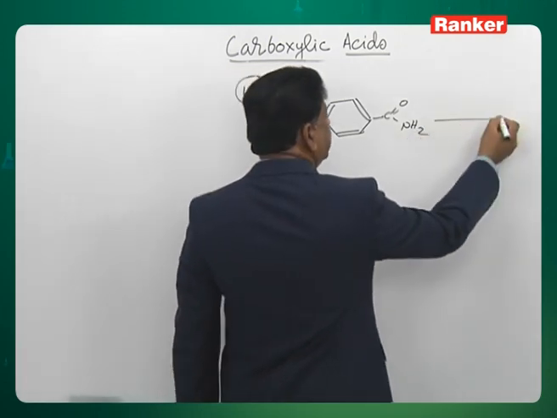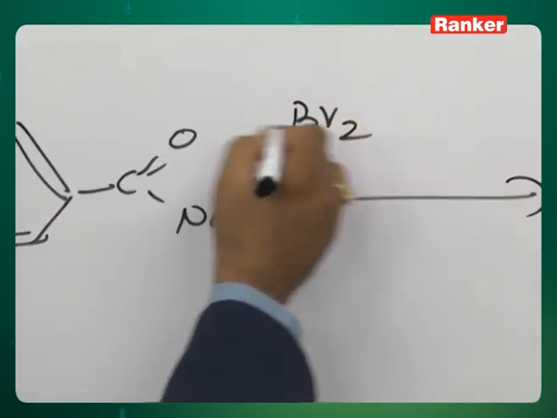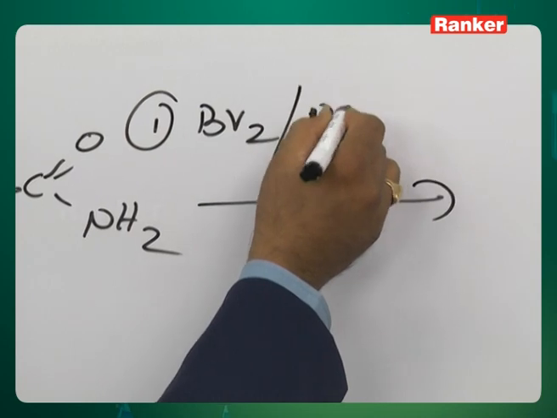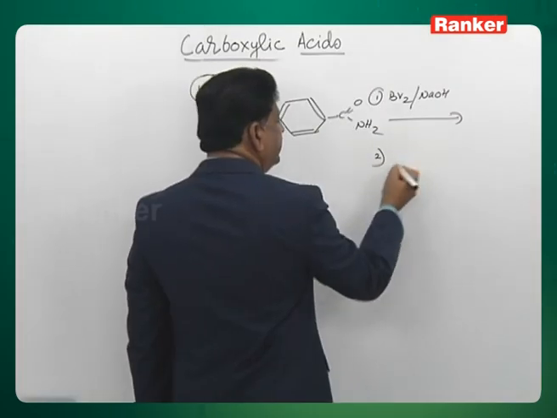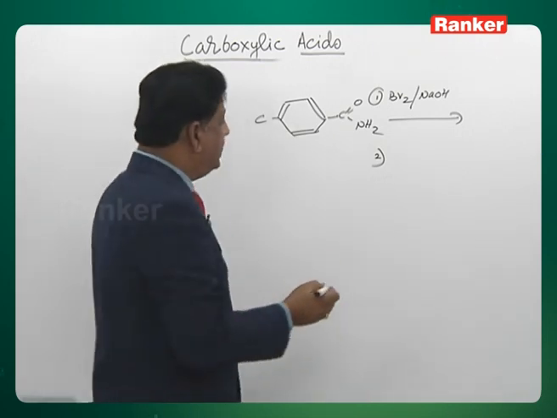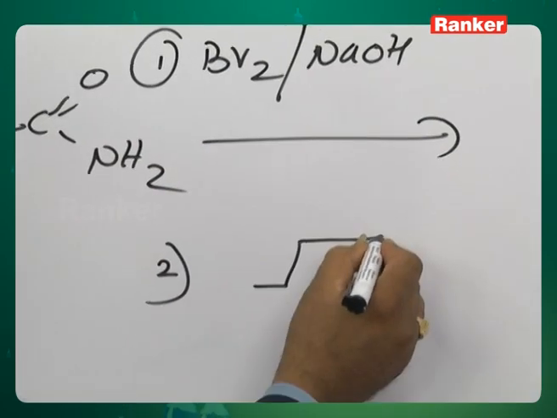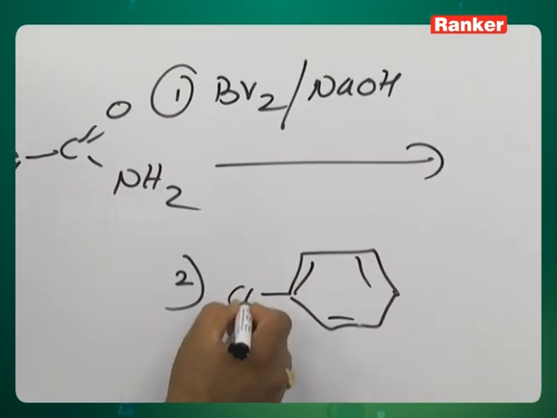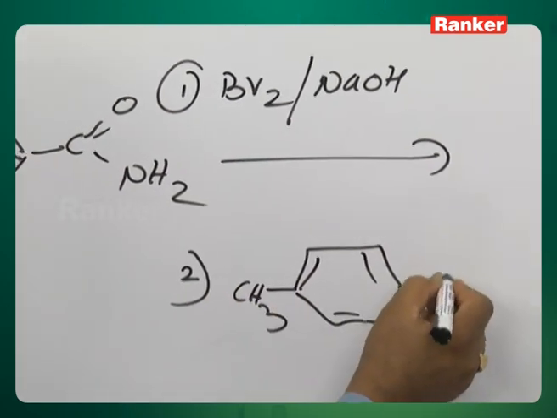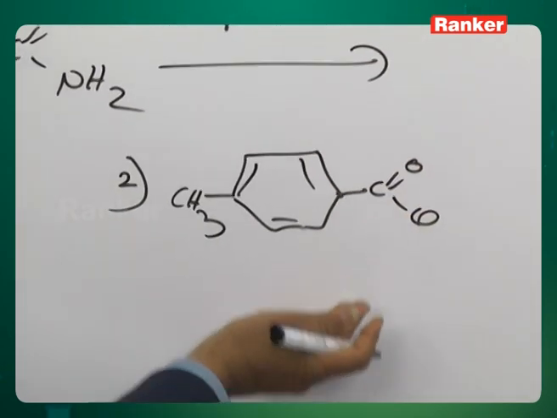There are 2 reactions given. Bromine and NaOH is the first reaction. The product formed in this reaction is subsequently treated with a benzoyl chloride containing a methyl group. A paramethyl containing benzoyl chloride is added. So, this is treated with this compound.